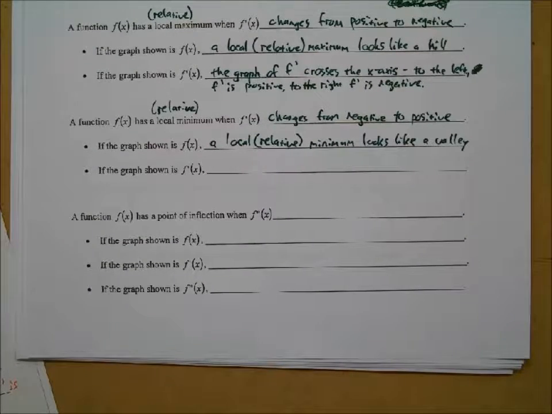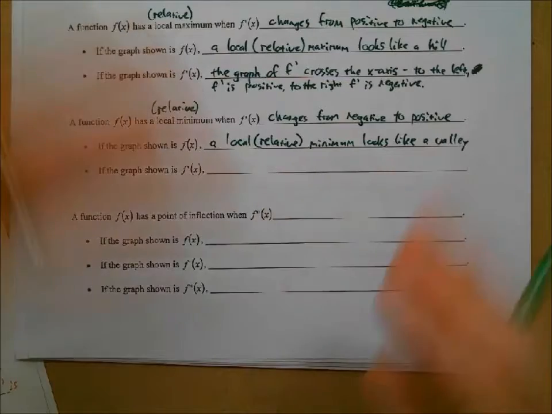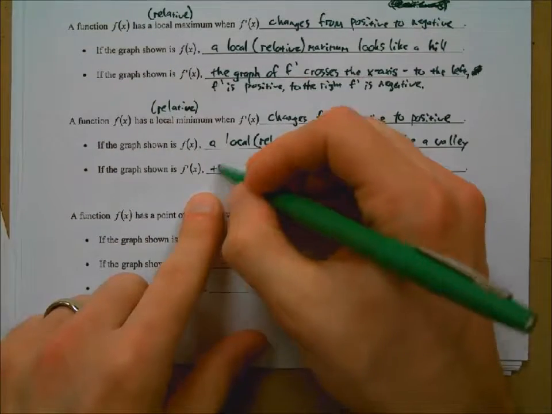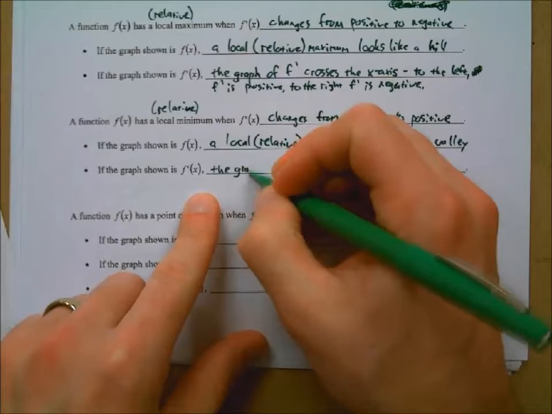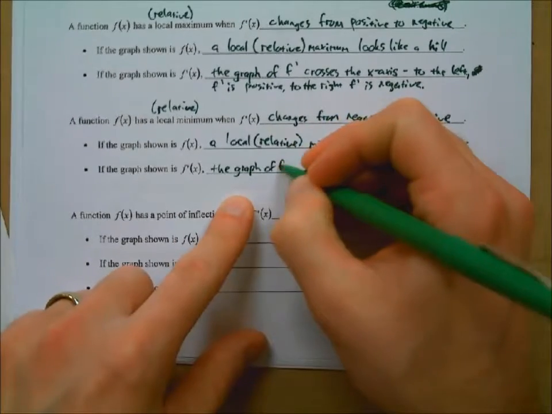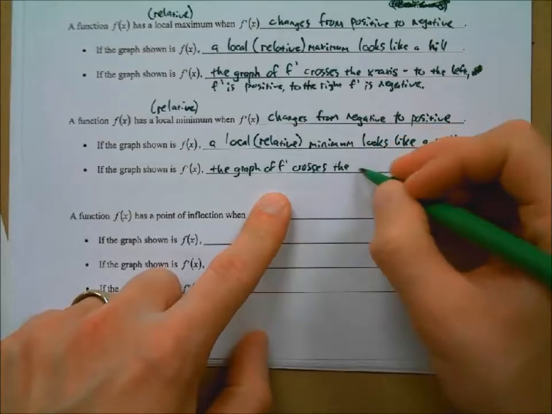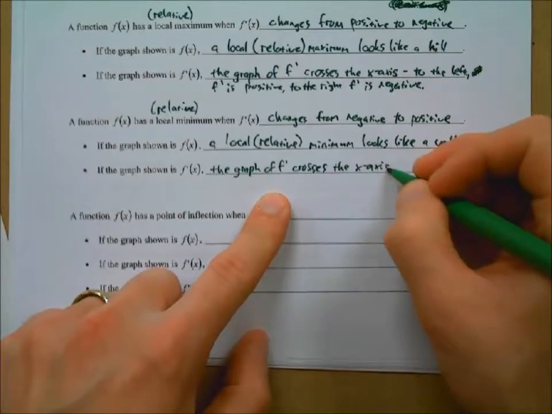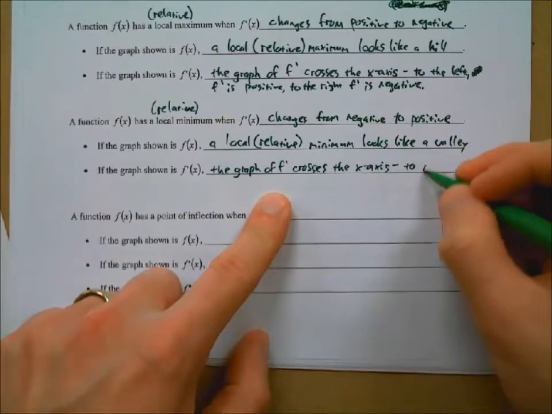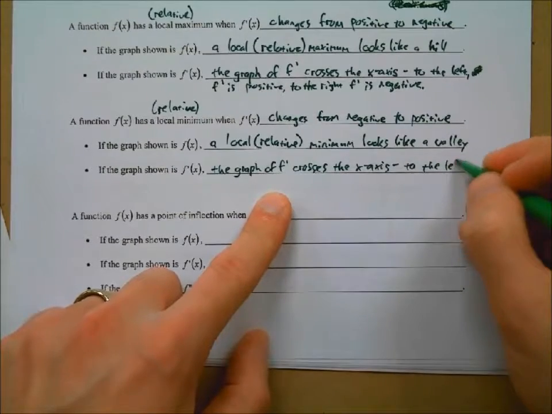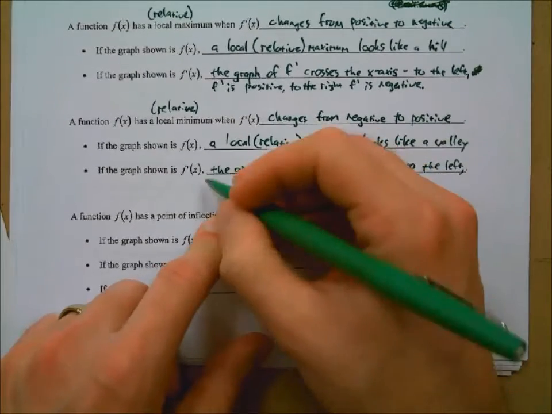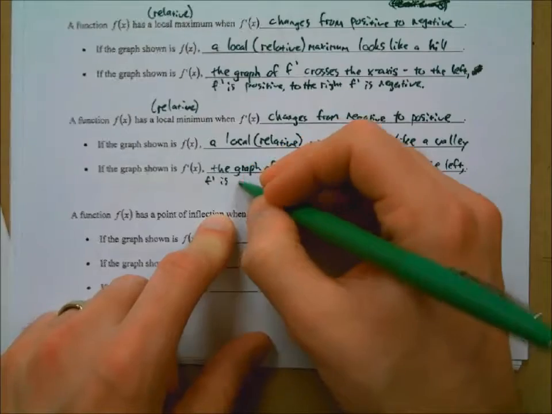And if the graph shown is f prime, well, we're going to do a similar kind of thing here. Then the graph of f prime crosses the x-axis. To the left, f prime is negative.